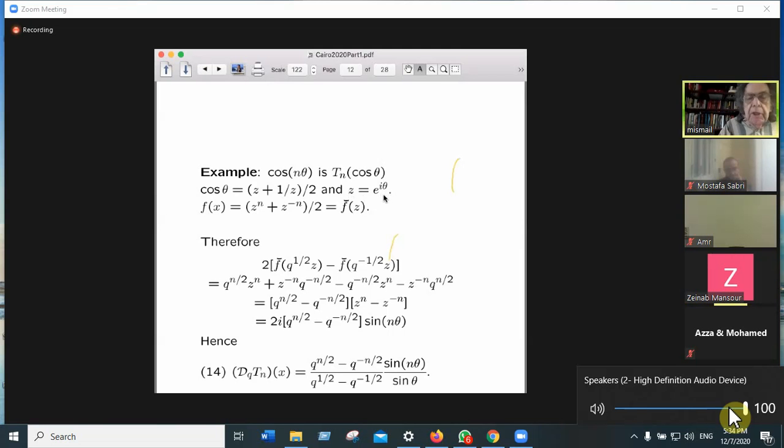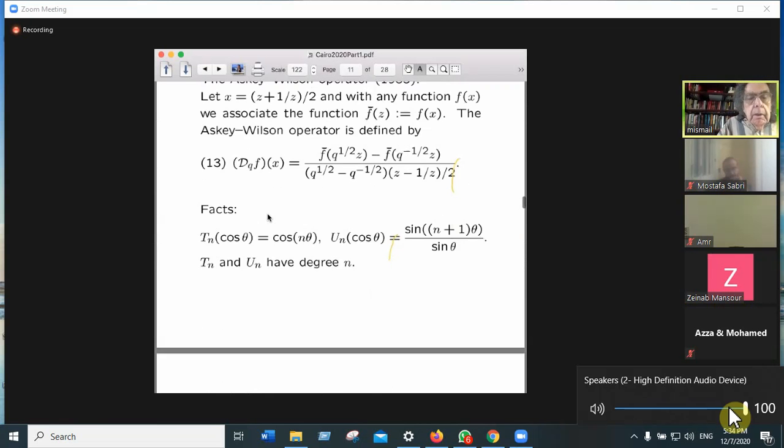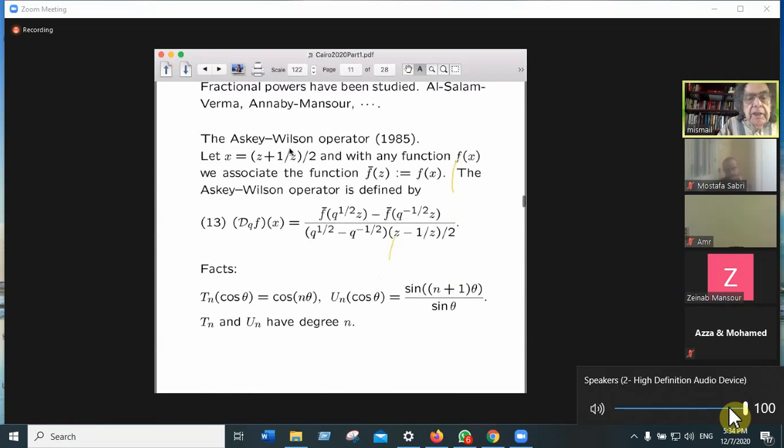This parameterization I can always do, because if I write x as this, and multiply both sides by z, I get a quadratic equation in z. So if I want to write z in terms of x, I get something plus or minus a square root. So I have to choose the appropriate sign.